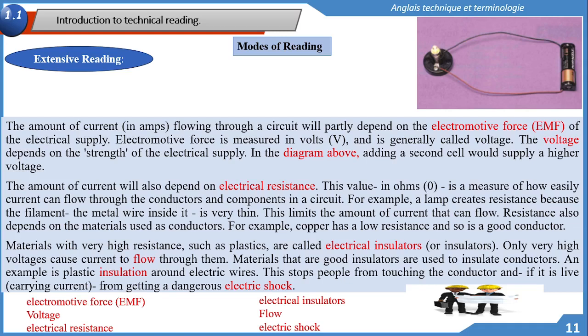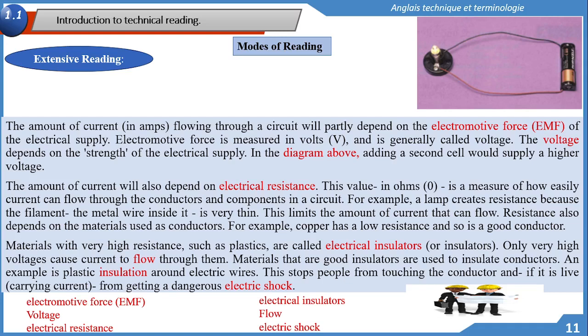This limits the amount of current that can flow. Resistance also depends on the material used as conductors. For example, copper has a low resistance and so is a good conductor. Materials with very high resistance, such as plastic, are called electrical insulators.